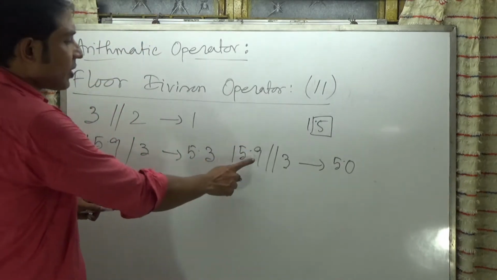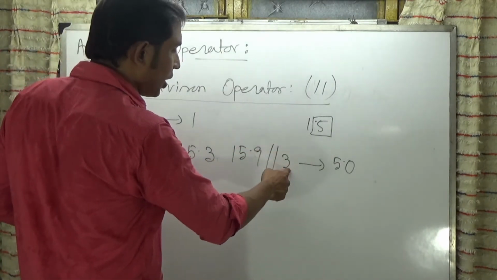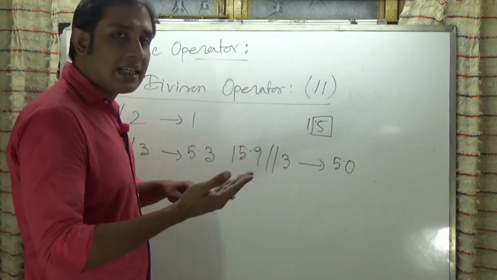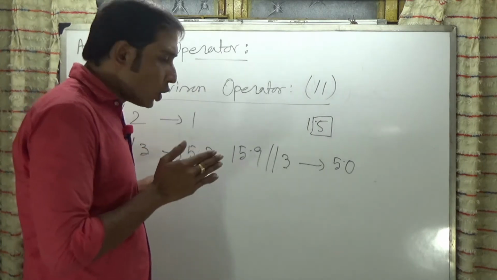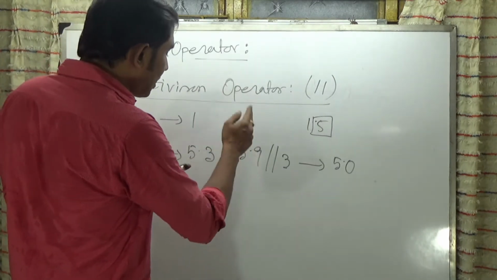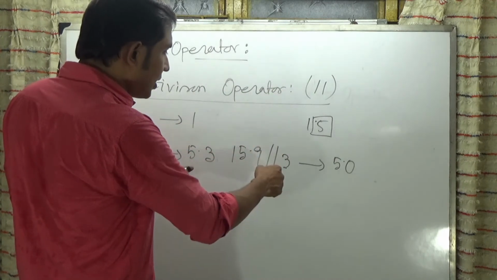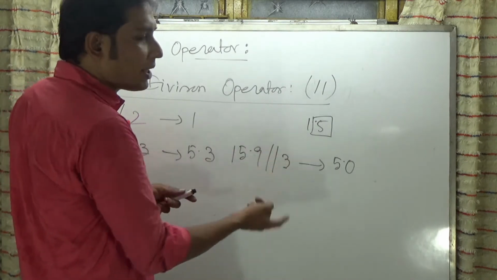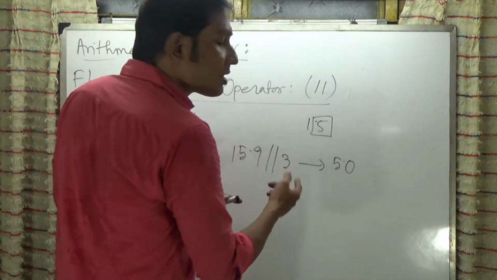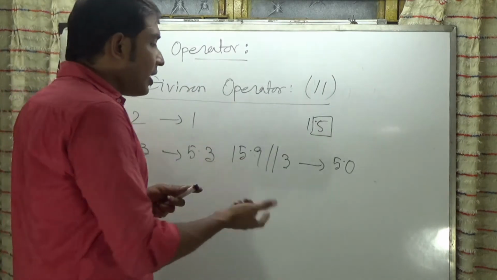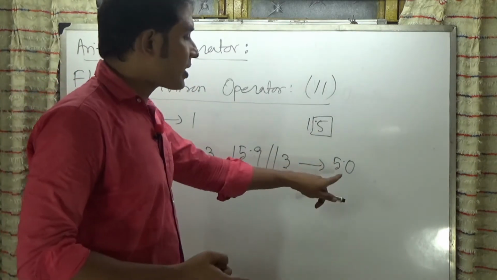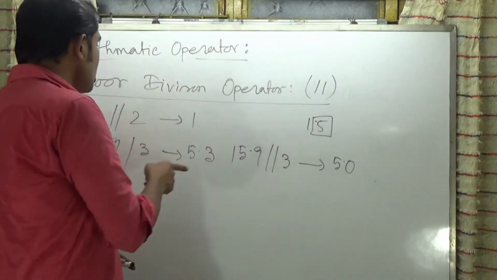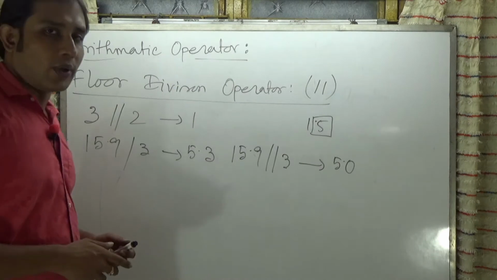Suppose 15.9 is divided by 3, then the result is 5.0, as 15.9 is present in the form of float. And if I floor divide 15 by 3.5, then the divisor is a fractional or float type, and this time also the result will be generated in float form. So this is how the floor division operator works.